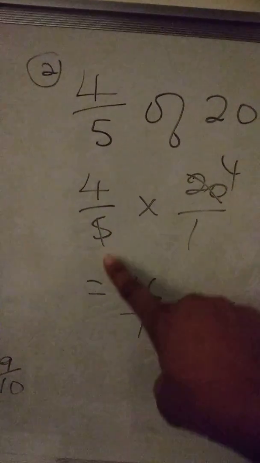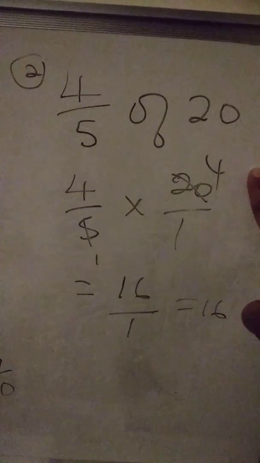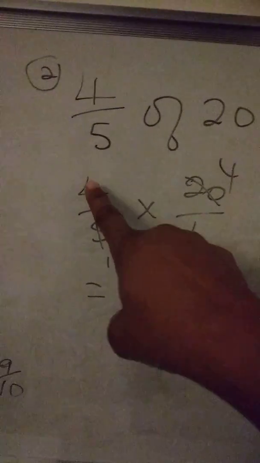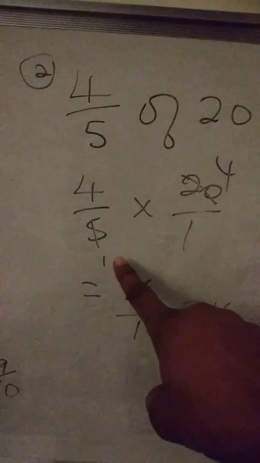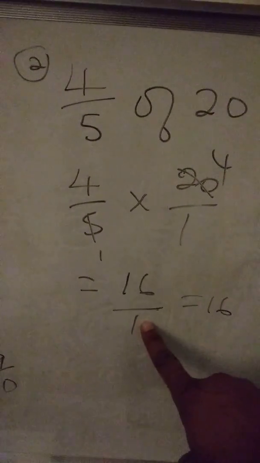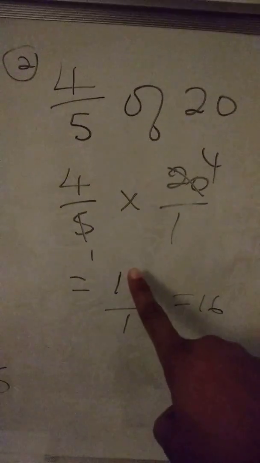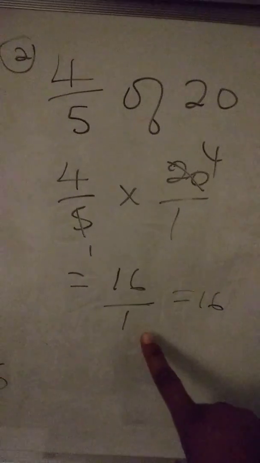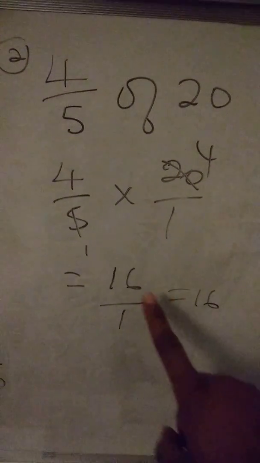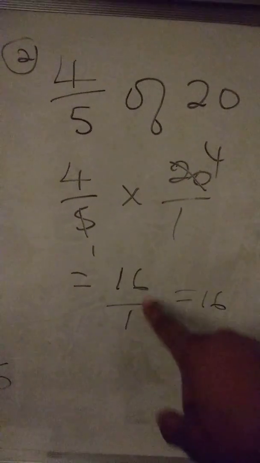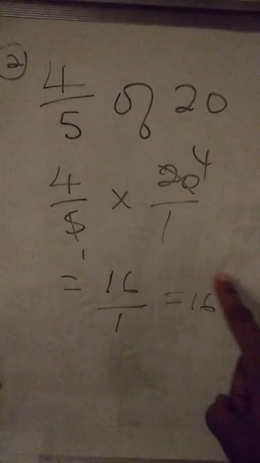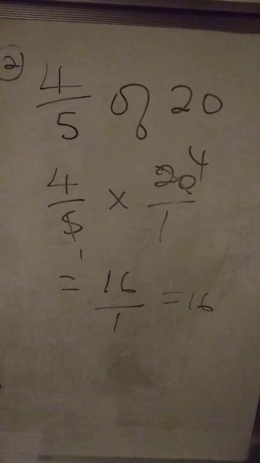So 5 into 5 goes 1 time, 5 into 20 goes 4 times. Therefore 4 times 4 is 16, and 1 times 1 is 1, which is 16 over 1, or 16. This is showing that this is a 16 whole number.